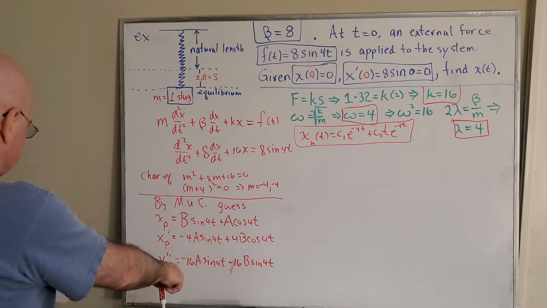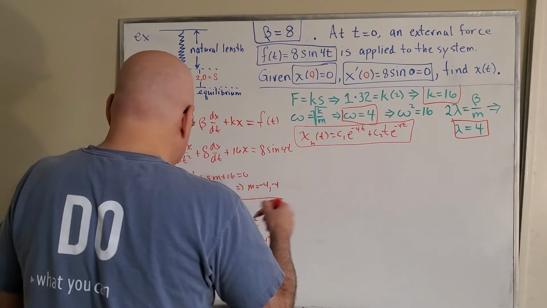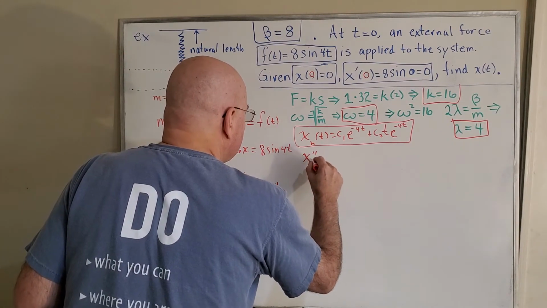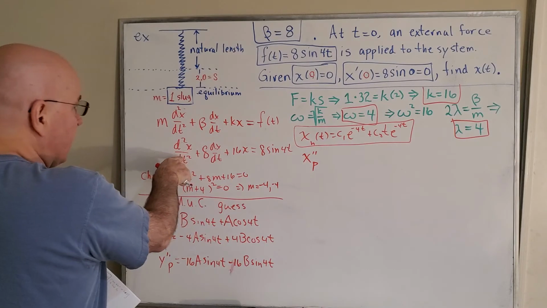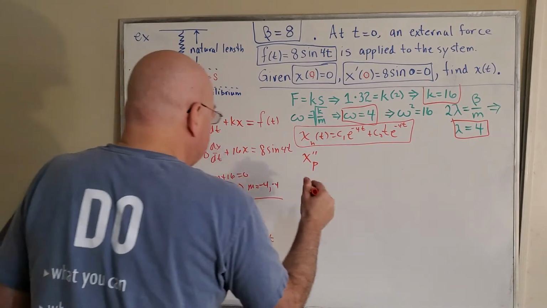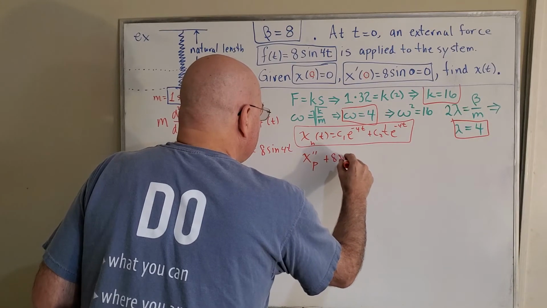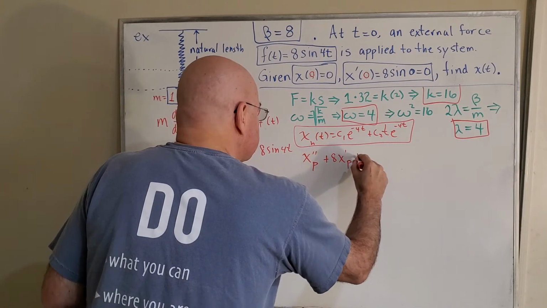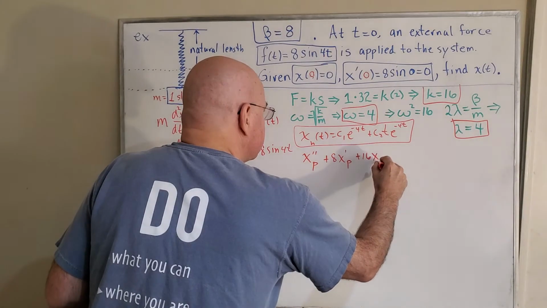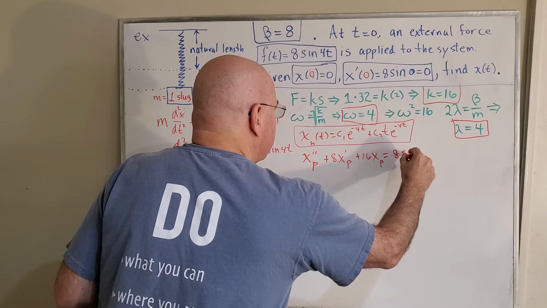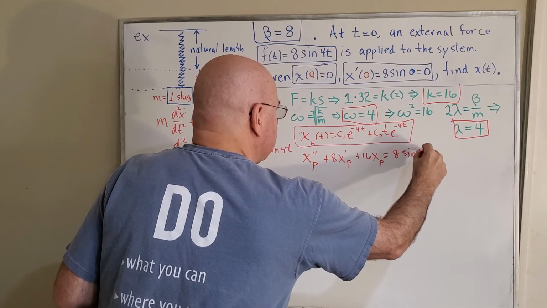So what this ends up giving us is that x double prime particular plus 8 x prime particular plus 16 x particular is 8 sine 4t.